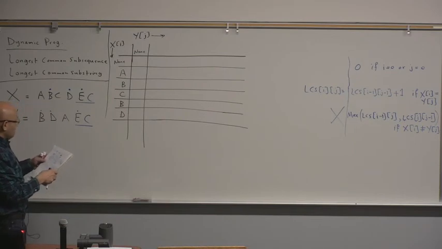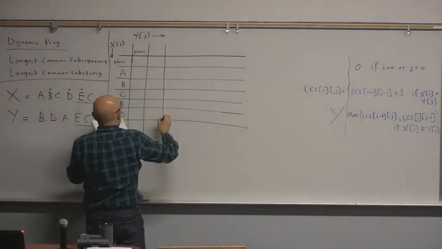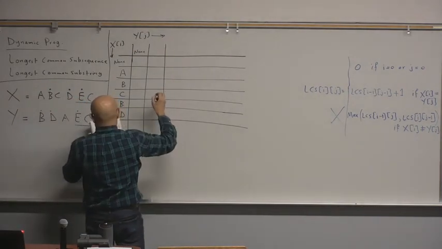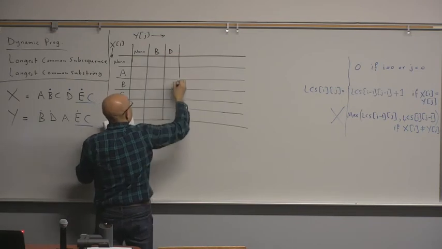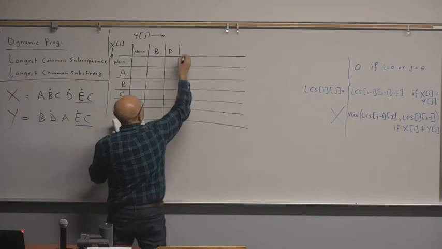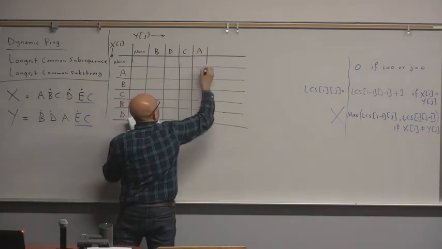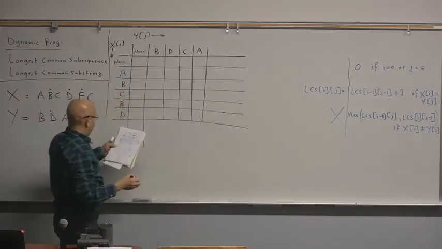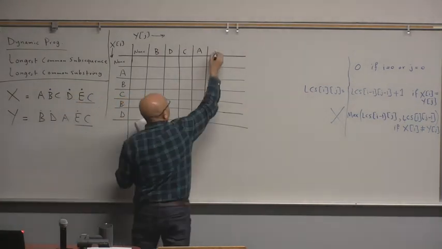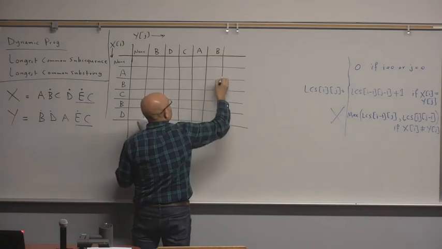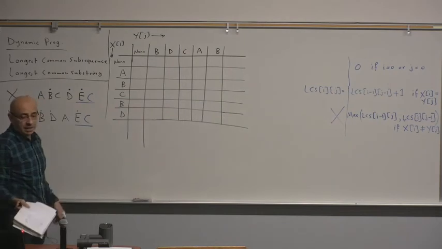A, B, C, B, D. And this is B, D, C, A, B, D, C, A, B. So this is going to be our table.